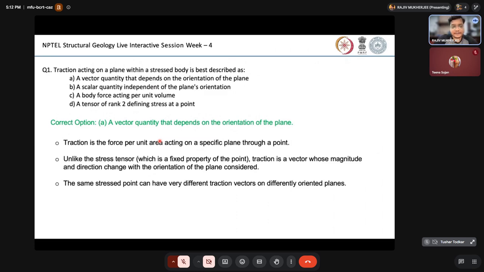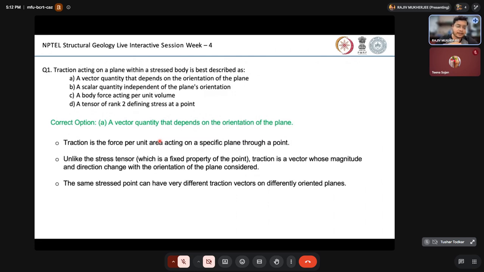So when we consider a stress tensor, a tensor of rank 2 is actually a 3 by 3 matrix that has 9 components, and each of these components, based on the orientation of the planes being considered while making the 3 by 3 matrix, is a different traction component.